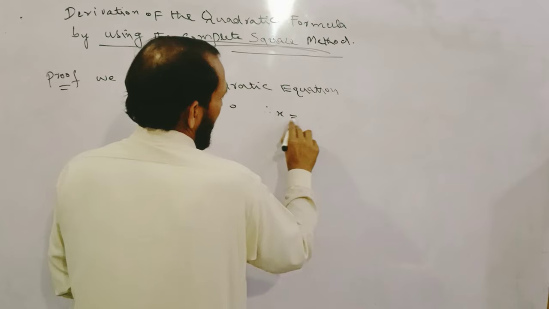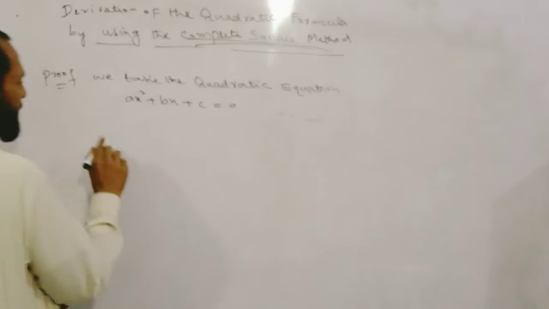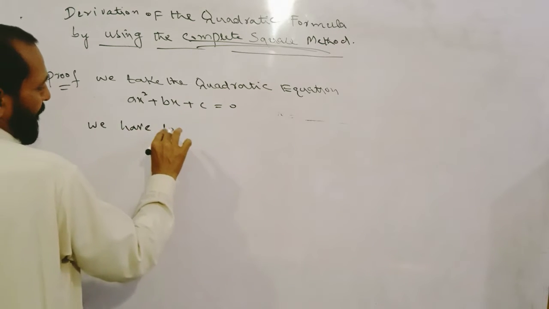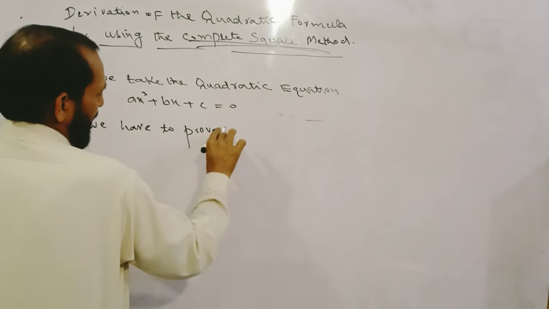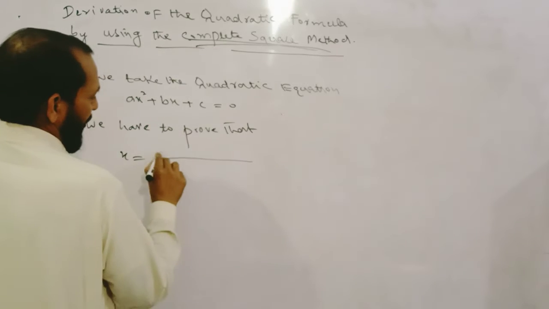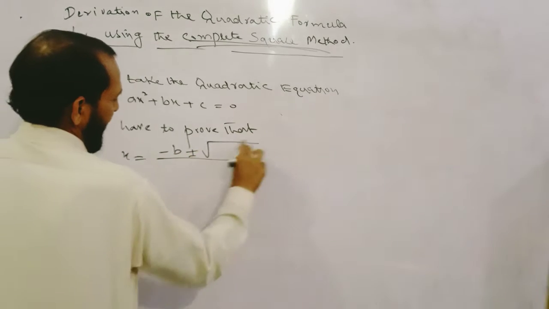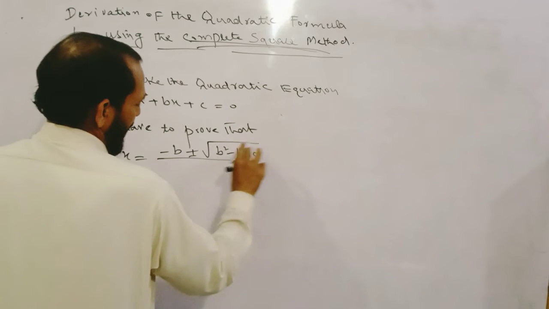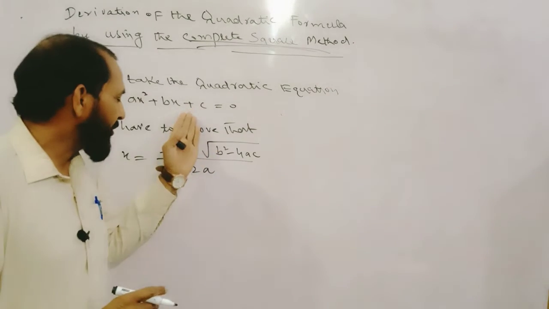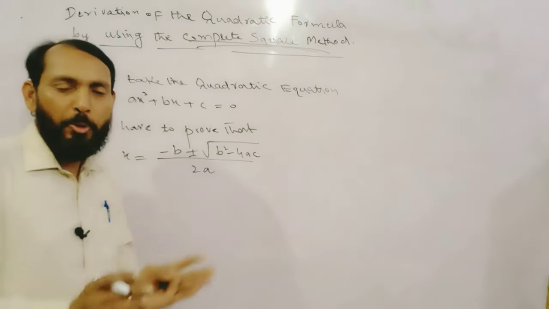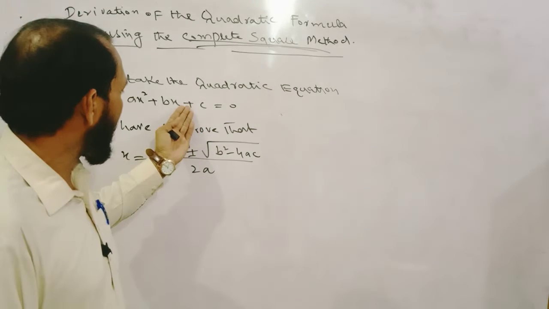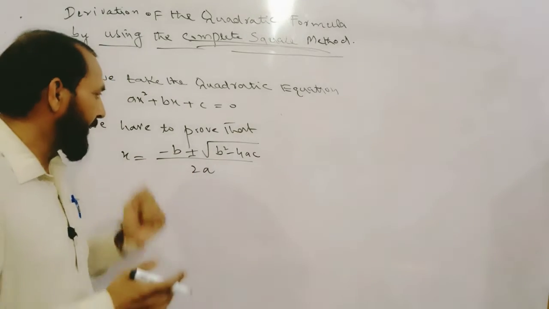We have to prove that x is equal to minus b plus minus square root of b square minus 4ac over 2a. Today we take a simple method, taking the quadratic equation and proving this.